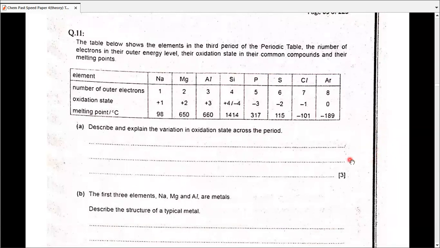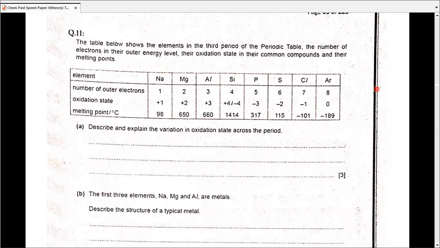Describe and explain the variation in oxidation state across the period. The oxidation state increases as we move from left to right. Yes, but at a certain point it stops increasing. So what would you write over there?